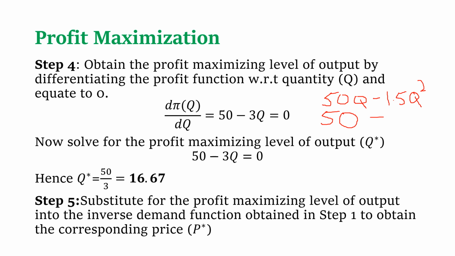Now this is 1.5. Again, we want to differentiate this minus 1.5Q squared. You multiply that exponent, which is 2, by 1.5, and that gives you 3, right? Now what do you do with the 2? Do you leave the 2 as it is?